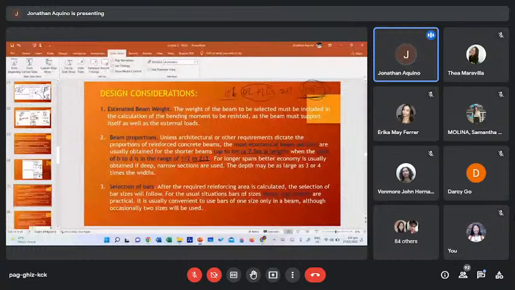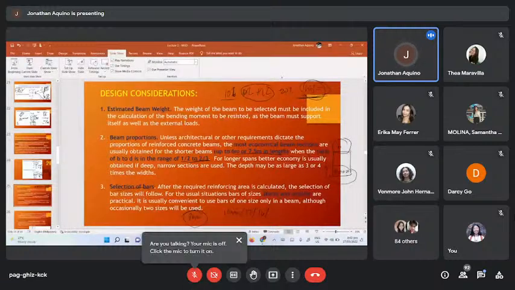The size of our bars, the smallest is 10 mm. Although there are 8 mm bars available in hardware stores, they are rarely used. So there are 10, 12, 16, 20, 25. Before there was 22, but now it seems no longer available in the market. It's rare to see 22 now. 25 plus 28, 32, and 36.